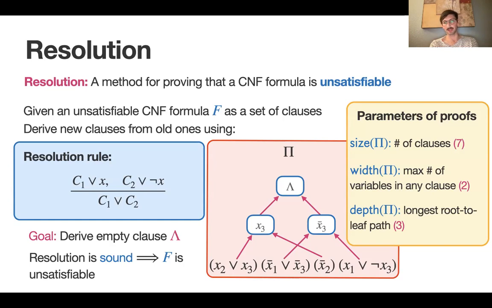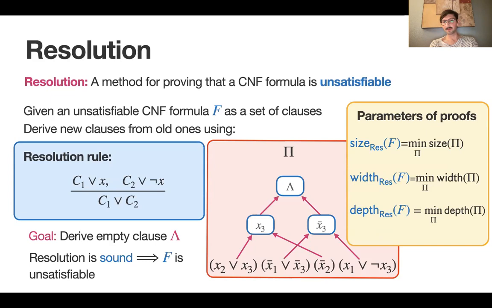In this case, it's 3. Just viewing the proof as a tree or as a DAG. And I'm also going to use this notation: size sub Res of F for a CNF formula F is the minimum size resolution proof of F. And similarly for width and depth.